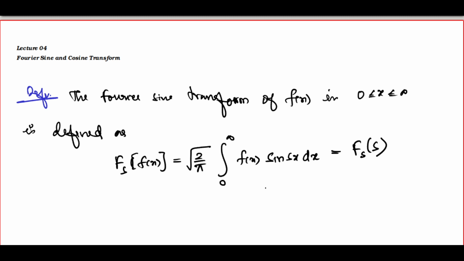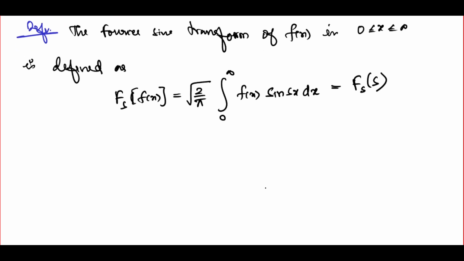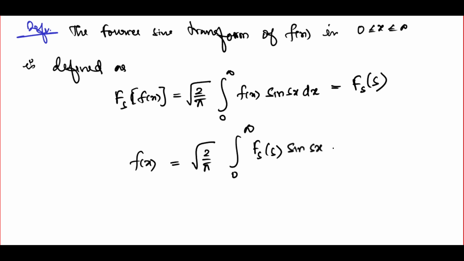Whenever we write such an expression, we write Fourier transformations in pairs, which means if you know the transformation, you should also know the inverse transformation. Meaning, we can write f of x in terms of Fs as square root of 2 by pi into integral 0 to infinity Fs of s into sine sx into ds.